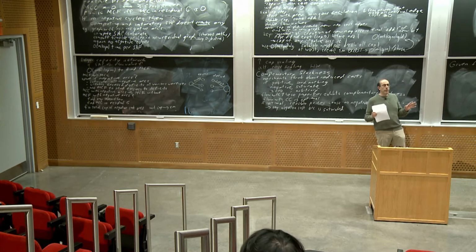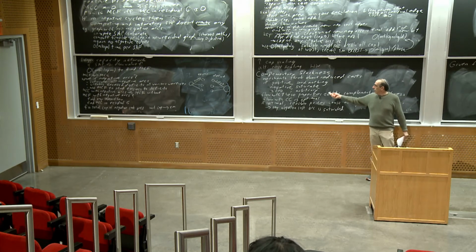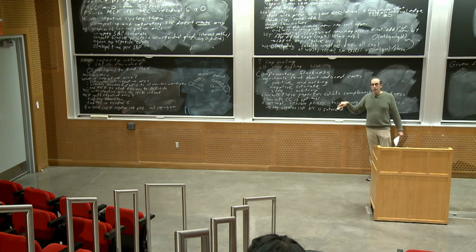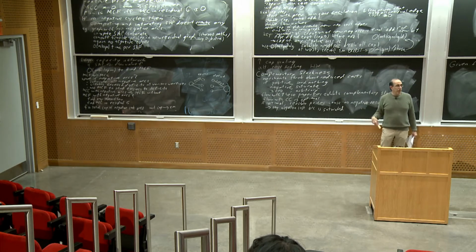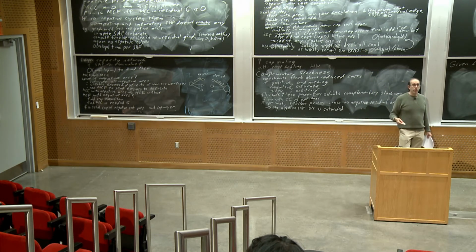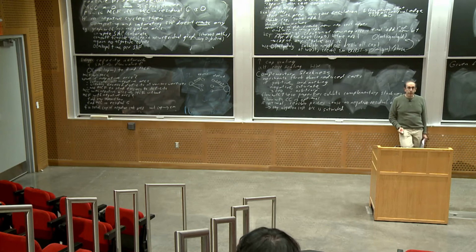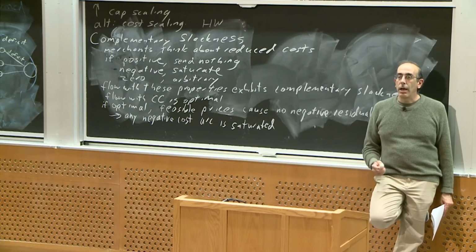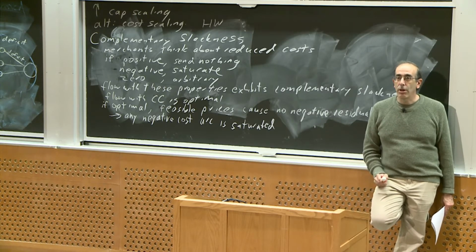So again, what we've seen is that when you have a min-cost flow, there's a corresponding feasible price function that proves the optimality of the min-cost flow, right? So suppose that somebody gives you that feasible price function that actually works with the min-cost flow, but they don't tell you what the min-cost flow is. Can you figure out what that min-cost flow should be? Does the feasible price function give you a hint that makes it easier to find the min-cost flow?